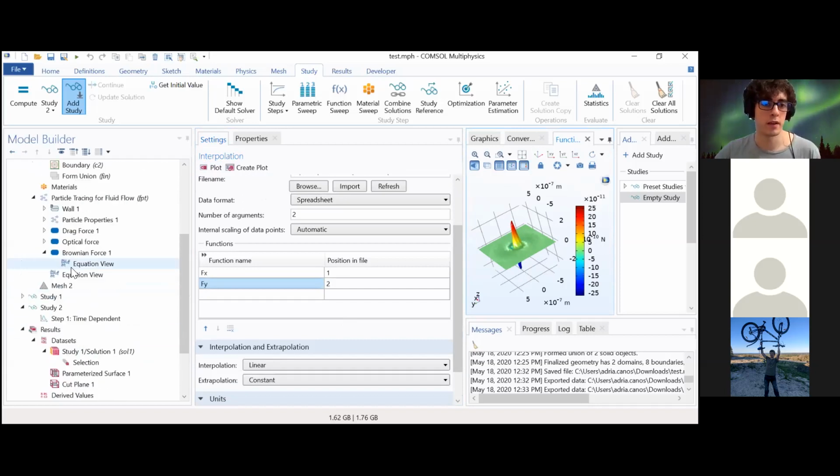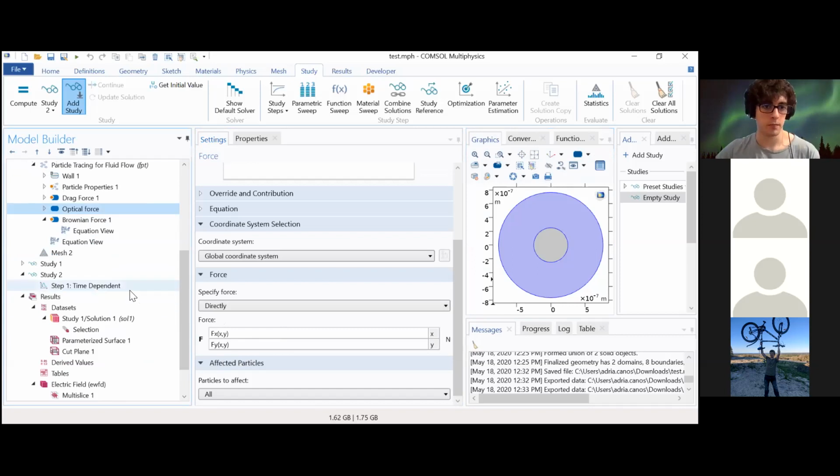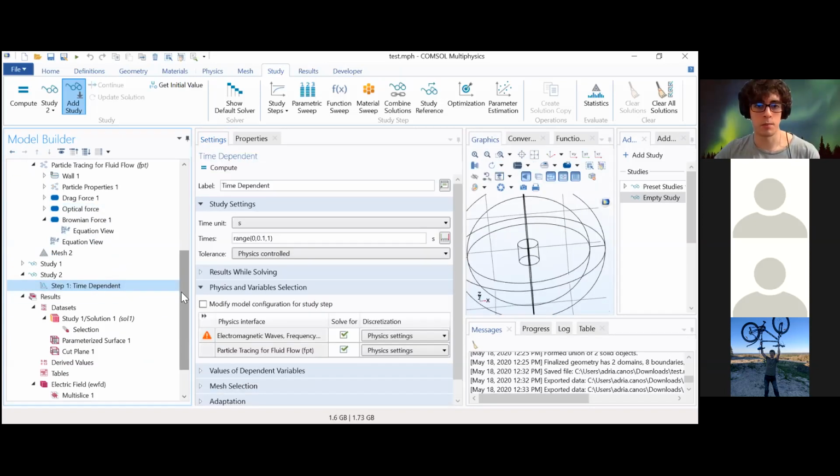Now we can actually, if you go to optical force, now you see that these are already defined from the previous step. Now, in time dependent, also you need to remember that we are only solving for particle tracing.